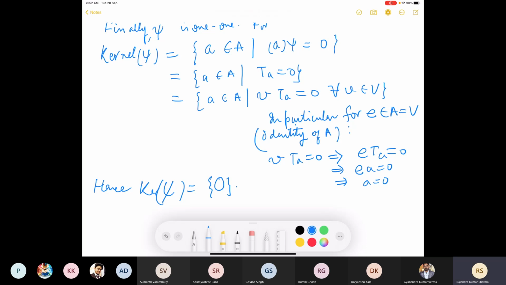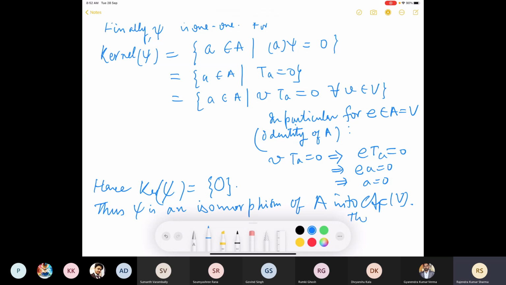So that makes ψ one-to-one. Thus we have proved that ψ is an isomorphism of 𝒜 into 𝒜(V). That is, 𝒜 is isomorphic to a subalgebra of 𝒜(V).